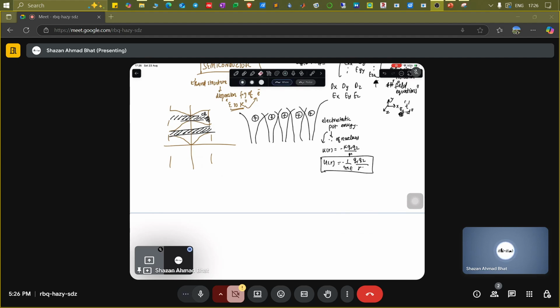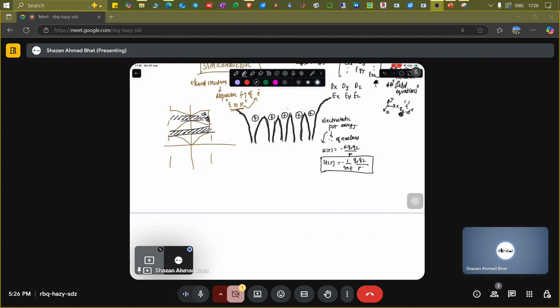Then you remove these particular things, they get cancelled, and you get a structure which shows how the electron feels in the vicinity of the nucleus. This is the potential felt by the electron in the vicinity of the nucleus. And at the ends of this crystal, this is high.